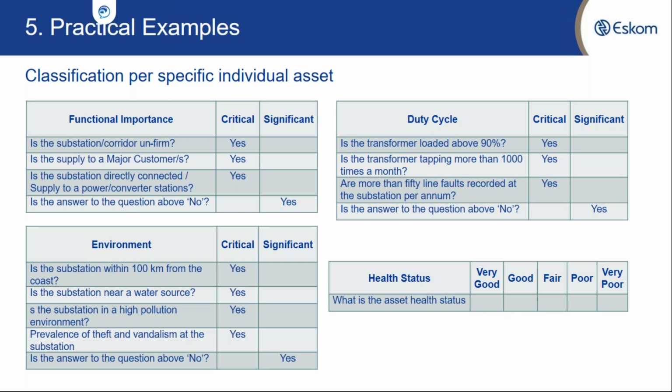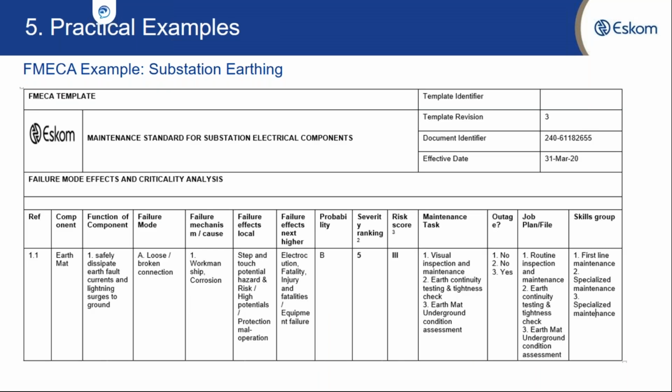So from design, there will be maintenance requirements, but those maintenance requirements, we will need to customize them to specific assets, taking into account these factors that will create a variation to the specific maintenance needs of those assets.